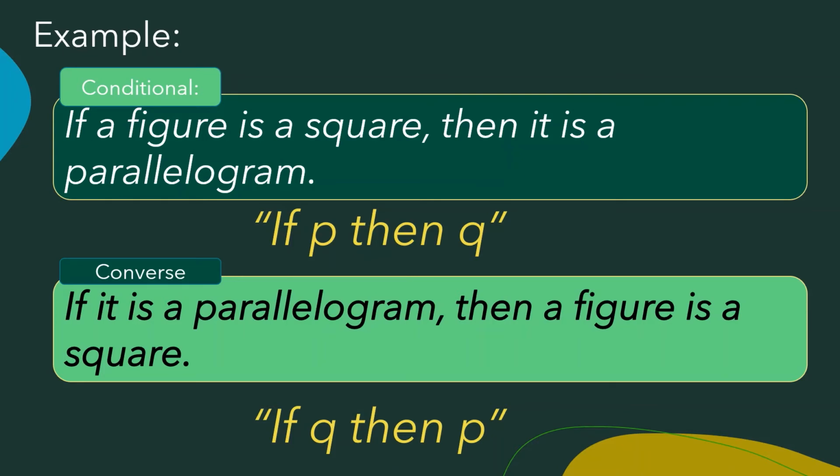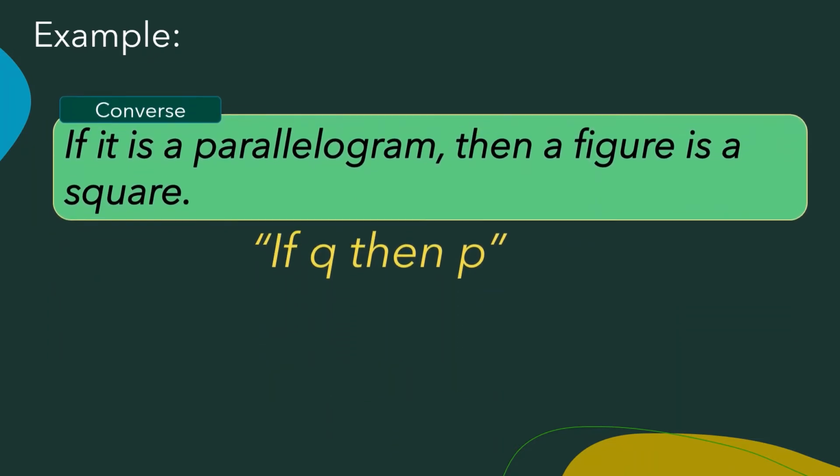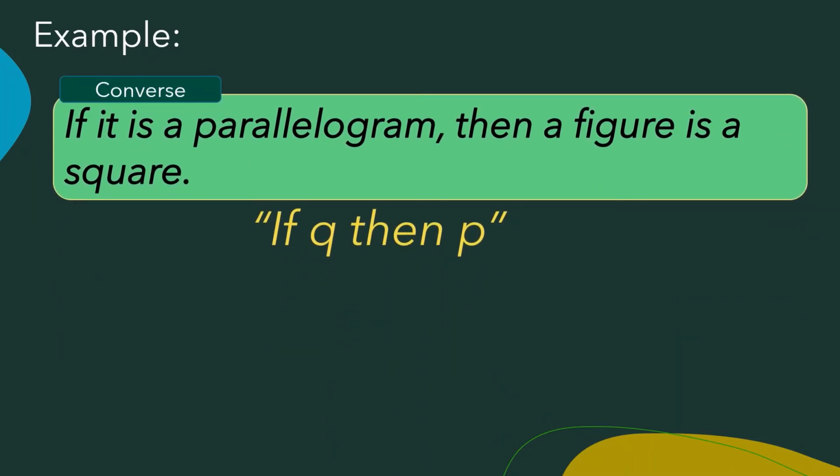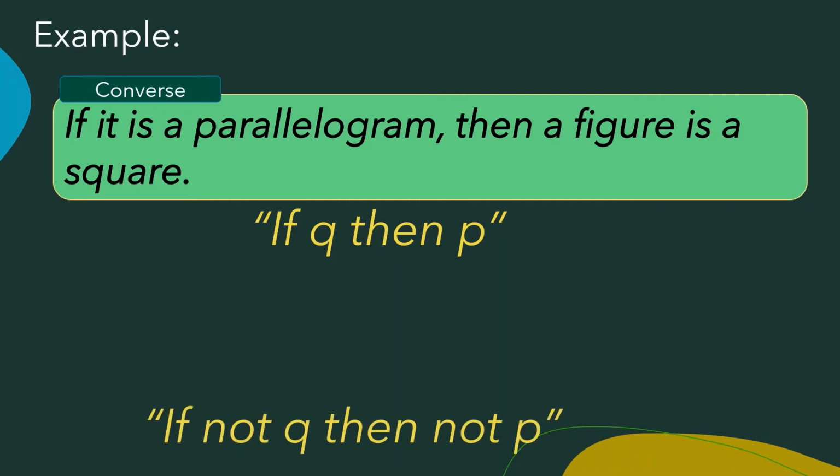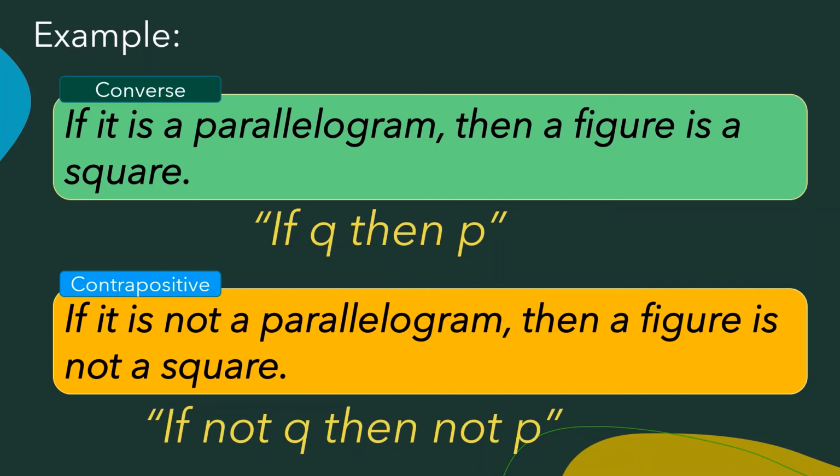So that is if Q, then P. Now, get the contrapositive of the statement. Using the pattern, if not Q, then not P. So the contrapositive is, if it is not a parallelogram, then a figure is not a square.